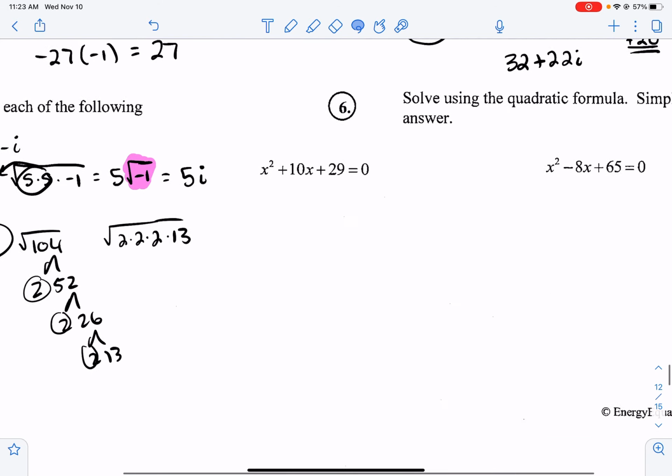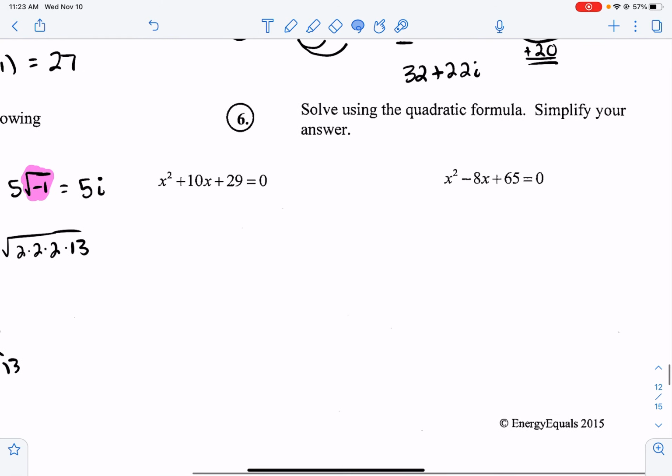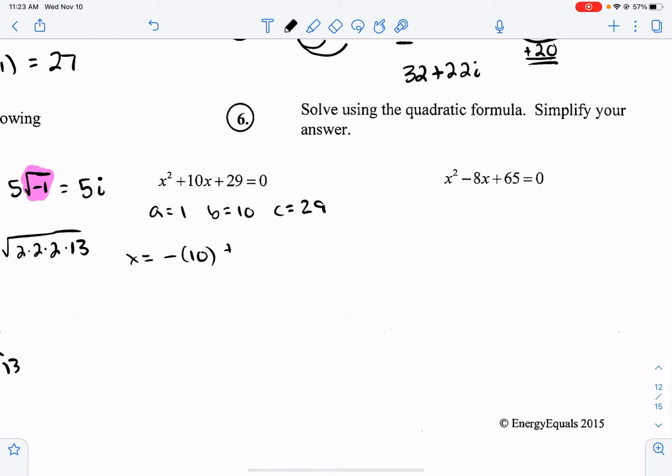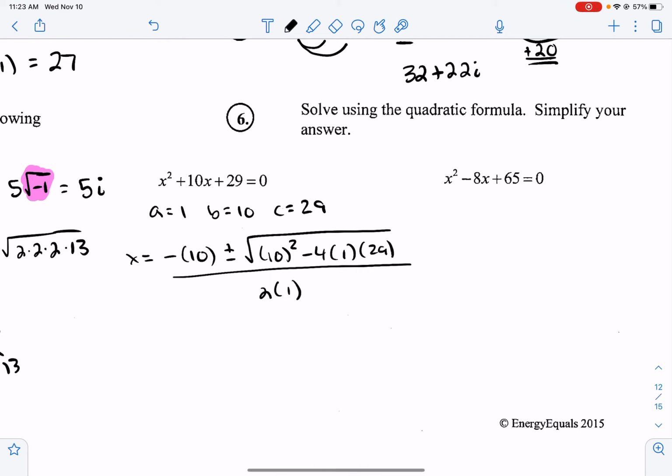All right? So let's use that now in our quadratic formula, because this is where I came up the most, right? So on this first quadratic question, a is equal to 1, b is equal to 10, c is equal to 29. So x equals negative 10 plus or minus the square root of 10 squared minus 4 times 1 times 29, all divided by 2 times 1.